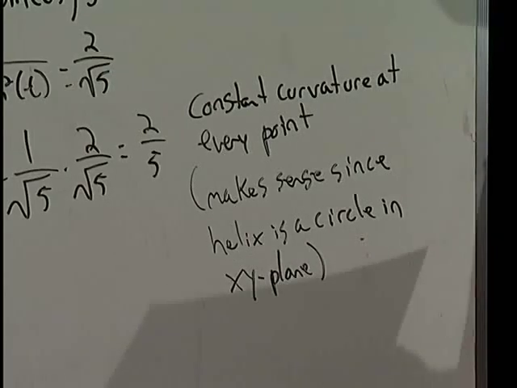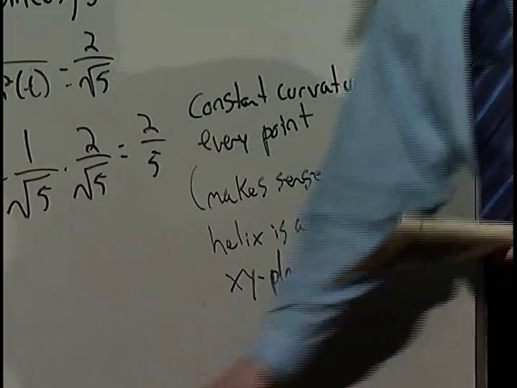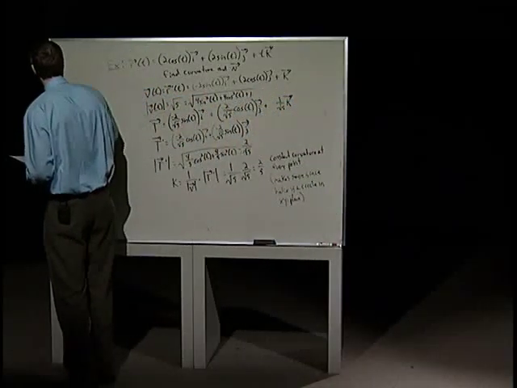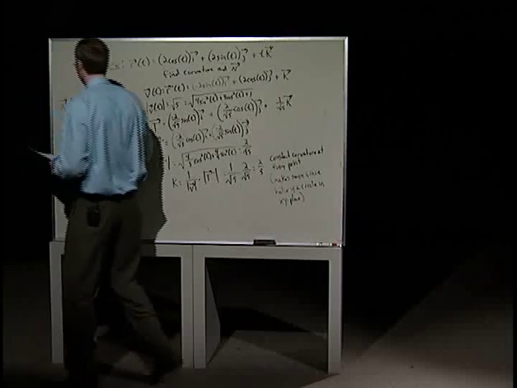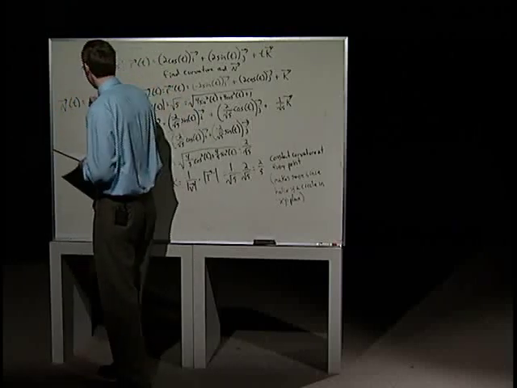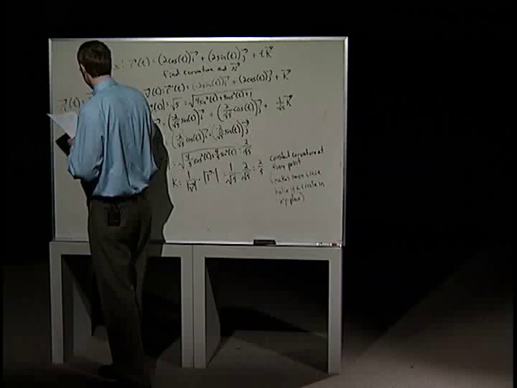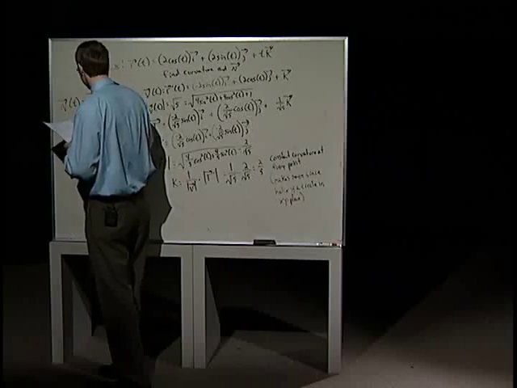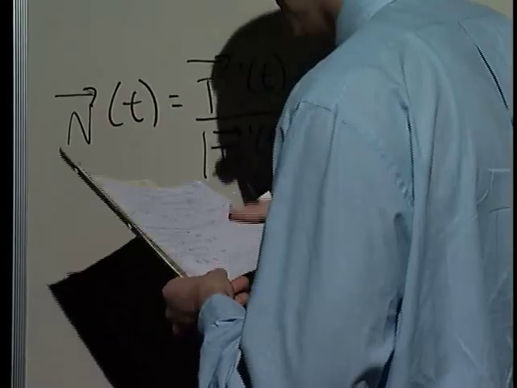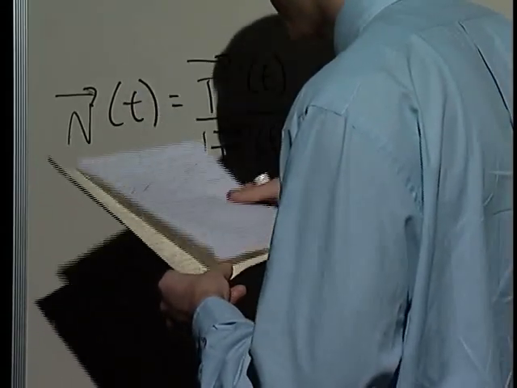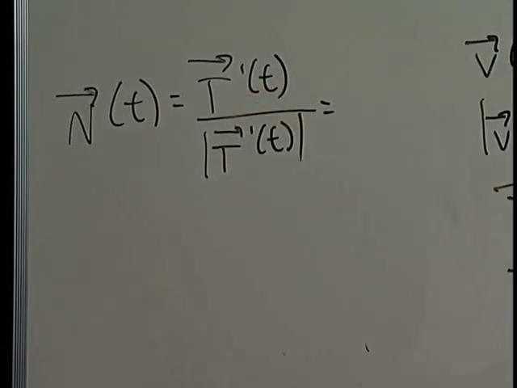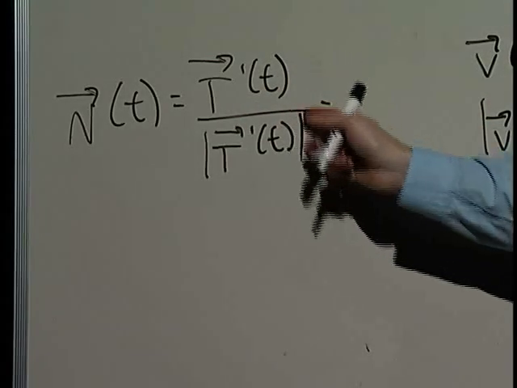Well, let's see what N looks like. Let's put N over here. What was N? N was just T prime of t over the length of T prime of t. This is going to be a unit vector because it's going to have length 1.